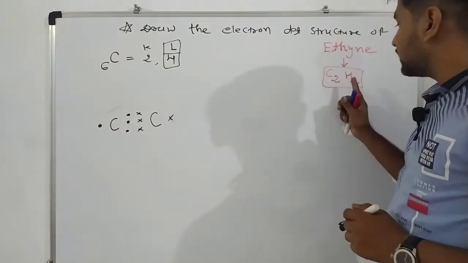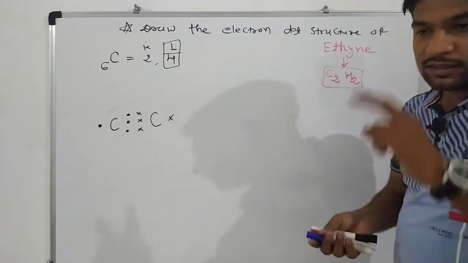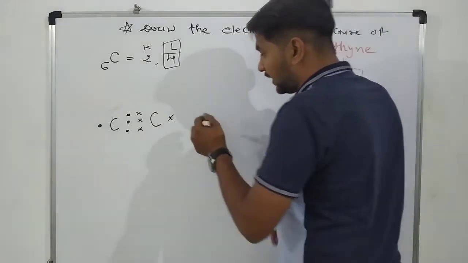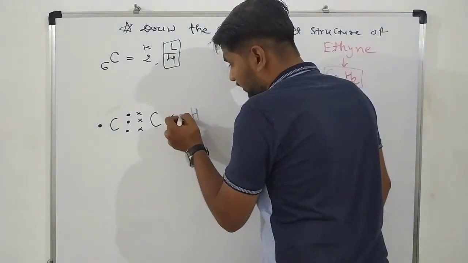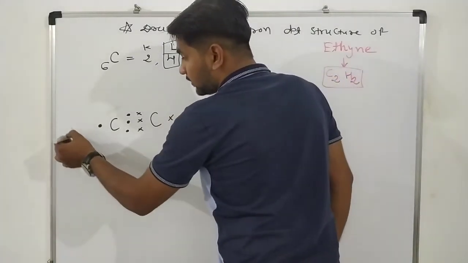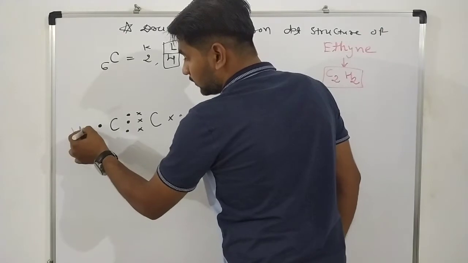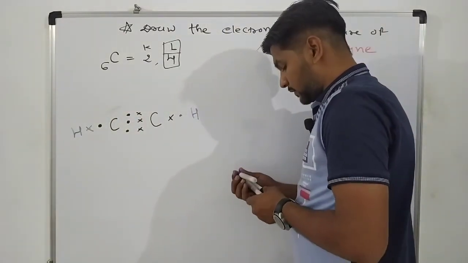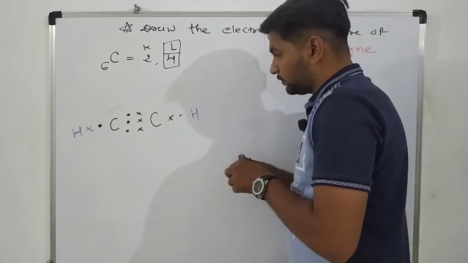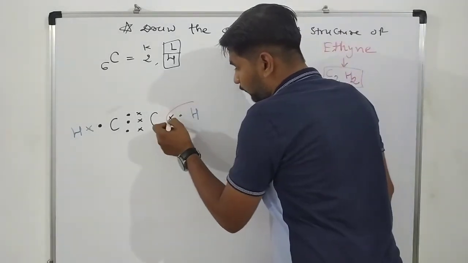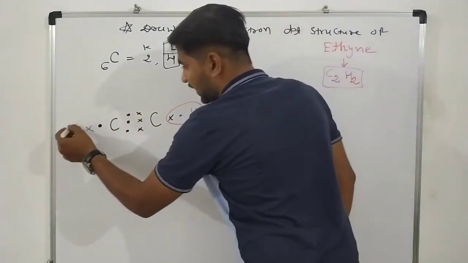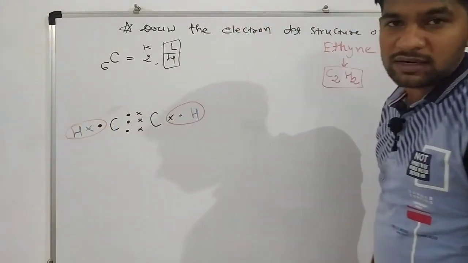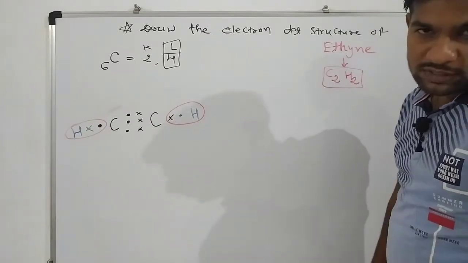Now it shares with 2 hydrogens. So here is 1 hydrogen and its electron, here is this hydrogen and its electron. Now hydrogen completes its outer shell by sharing 1 electron, and carbon also completes its octet by sharing electrons with carbon carbon and carbon hydrogen.